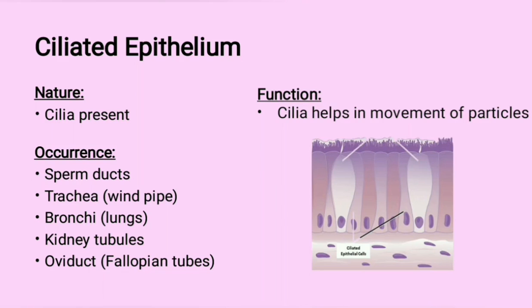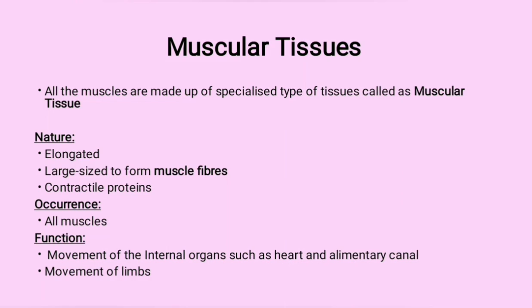Now let's move on to our next type of animal tissue, which is the muscular tissue. It is one of the most important kinds of tissues, as the muscles present in our body are what allow us to do all the voluntary actions. All these functions which we perform, voluntary or involuntary, depend upon the muscles, which are formed by the muscular tissues.